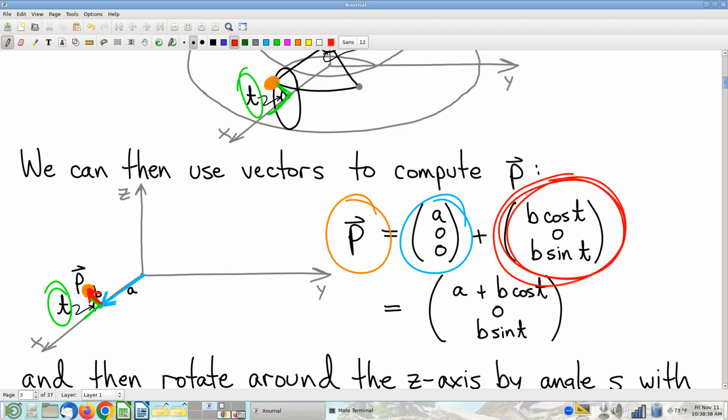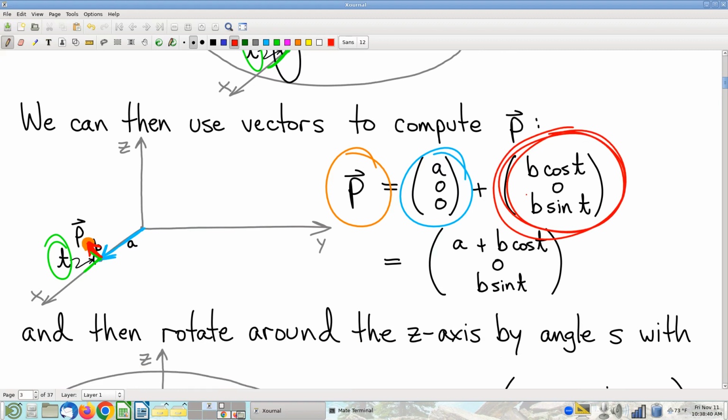What do you think? Everybody see that? So for different values of T, it's going to go around like that. As a function of T, we're tracing out a circle in the XZ plane, so cosine and sine in the X and Z coordinates, times the magnitude of B, because the radius of the handle of the donut, if you will, is given to be B.